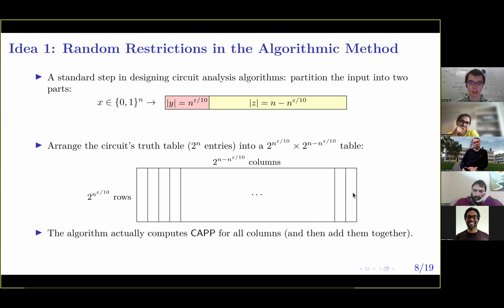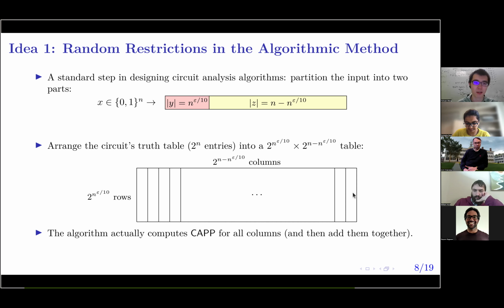The cap algorithm asks us to approximate the fraction of ones in the whole truth table, but we can output an estimate of the fraction of ones of each column as an intermediate step. Then for the cap of the whole truth table, we just add the fraction of each column together and get the cap of the whole truth table.